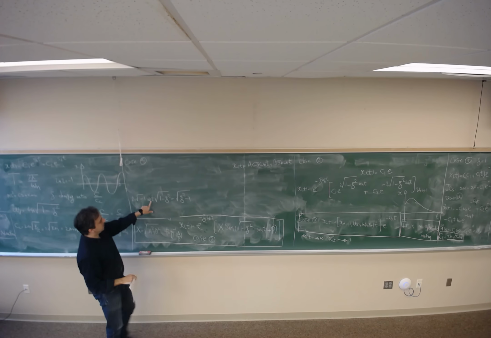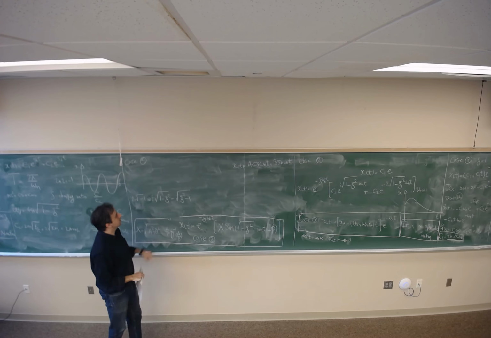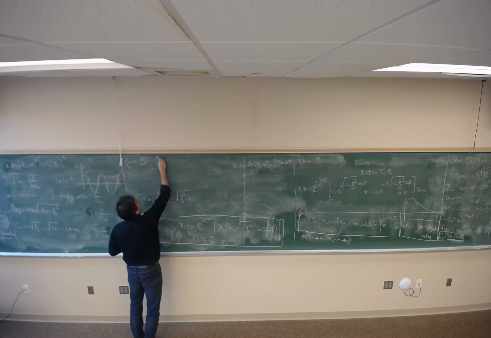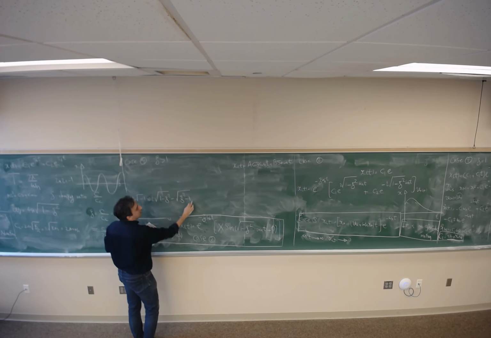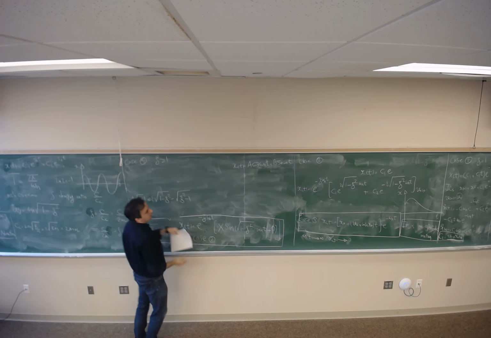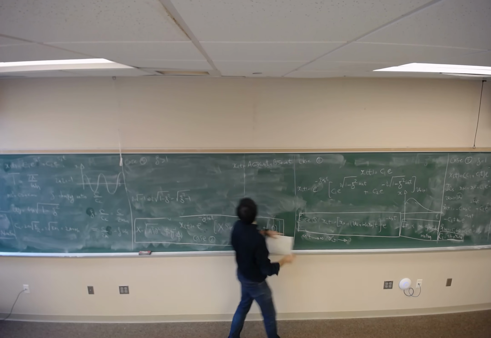This is going to be negative times this is going to be this. So when zeta is greater than 1, inside the square root is going to be positive for this one. So this guy is going to change to this.